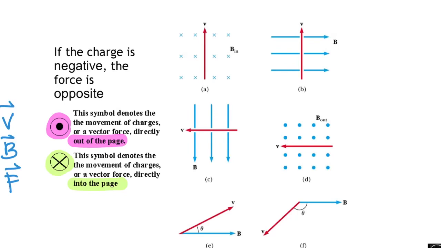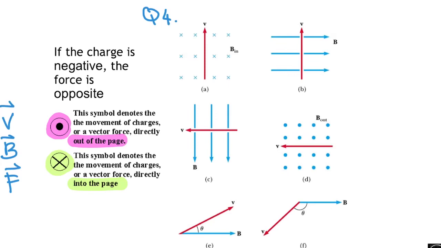So let's try out this example. This exercise, madam, is taken from your textbook. This is a question at the back of your textbook, chapter 19, question number 4, page 649.